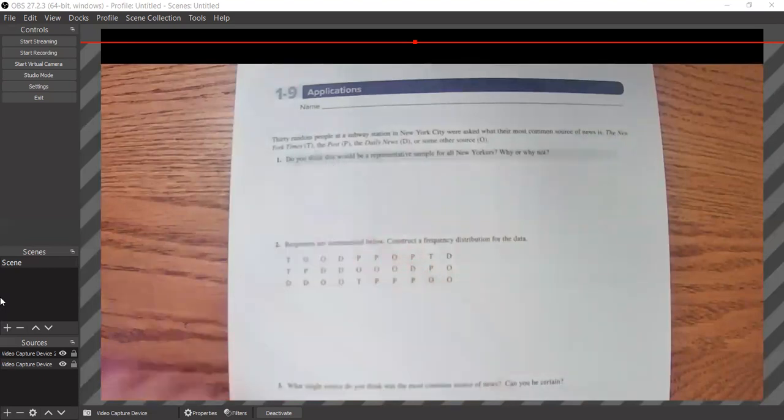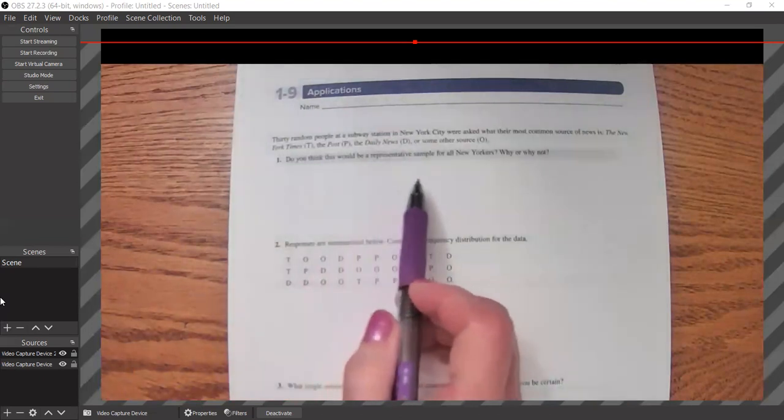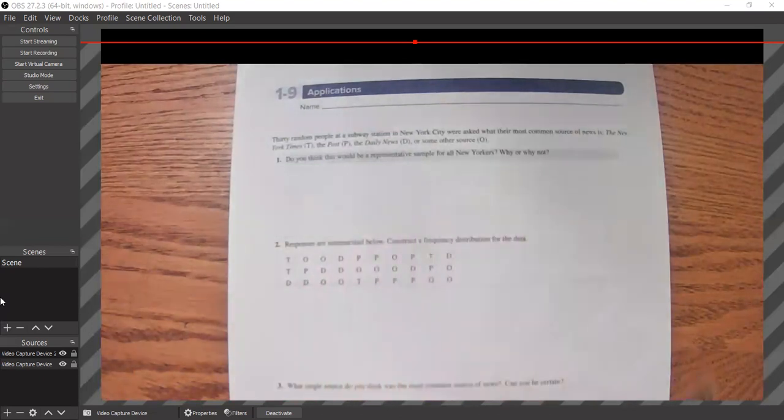30 random people at a subway station in New York City were asked what their most common source of news is: the Times, the Post, the Daily News, or some other source. Now, first of all, do you think this would be a representative sample for all New Yorkers?